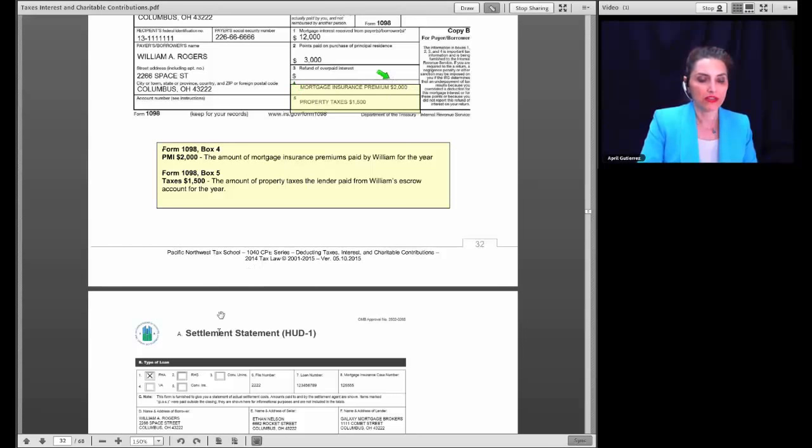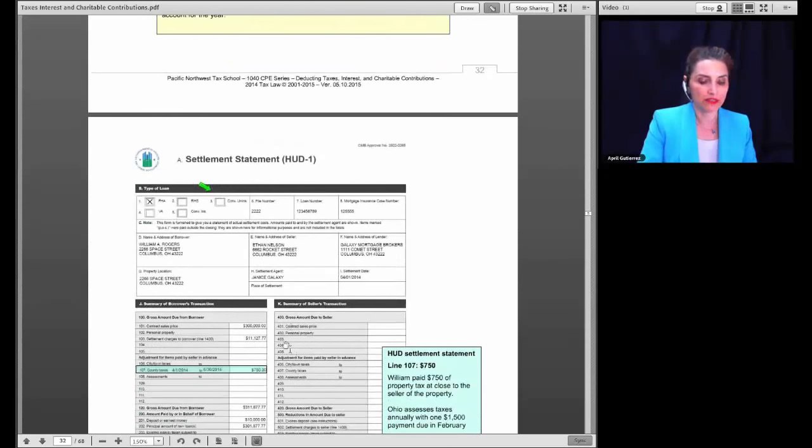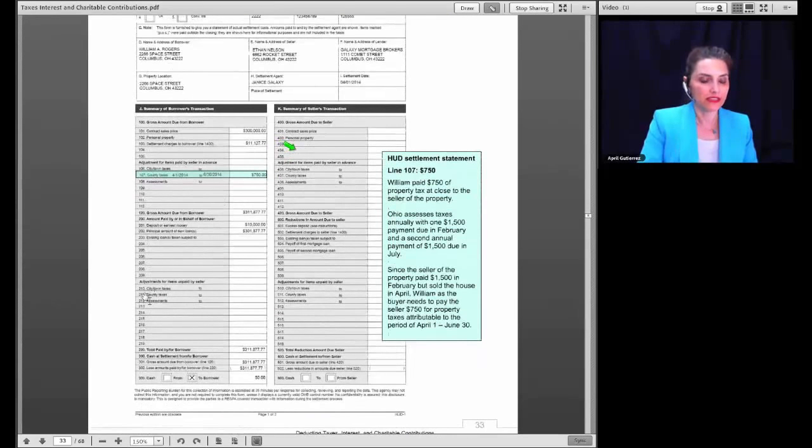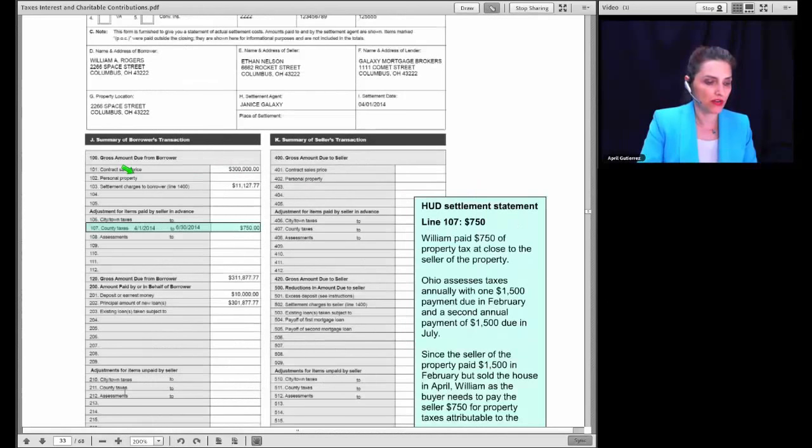But this amount here, because his income is more than $100,000, his mortgage insurance premium deduction is going to be limited. So let's look at his HUD statement. When we look at his HUD statement, we can see here on line 107 that there's a county tax proration going on for the period of April 1st through June 30th in the amount of $750.